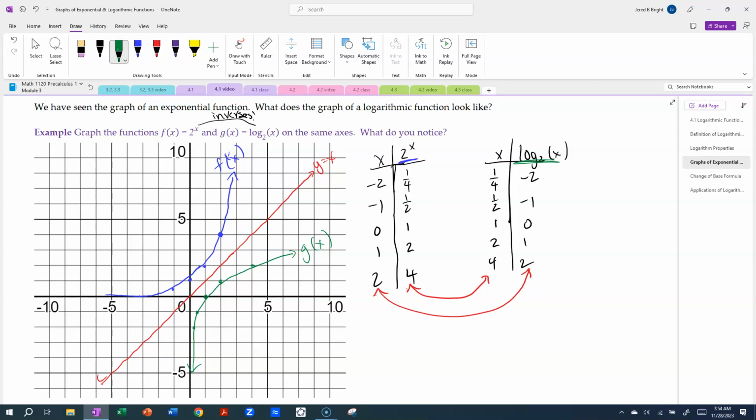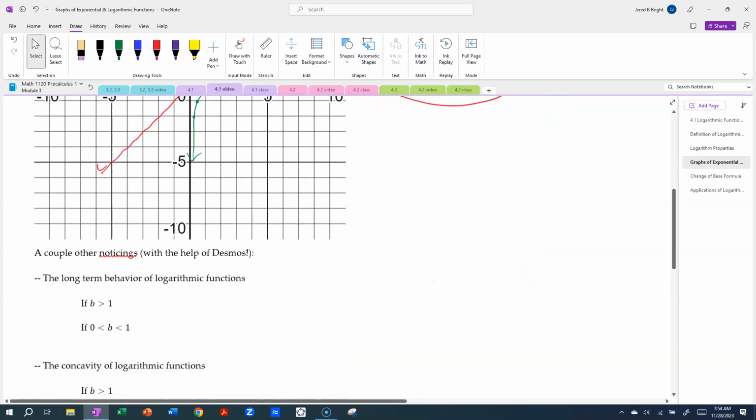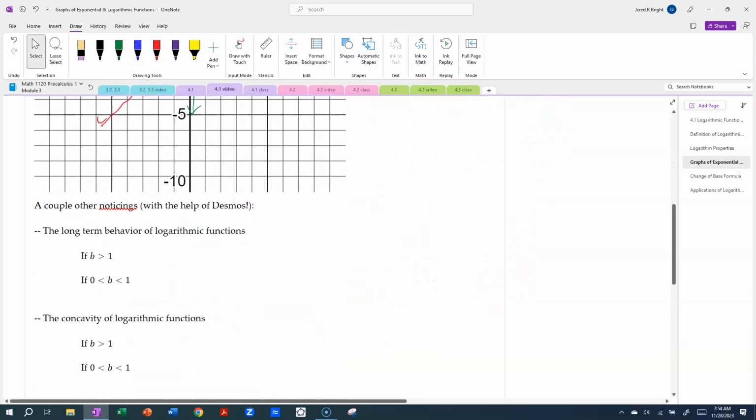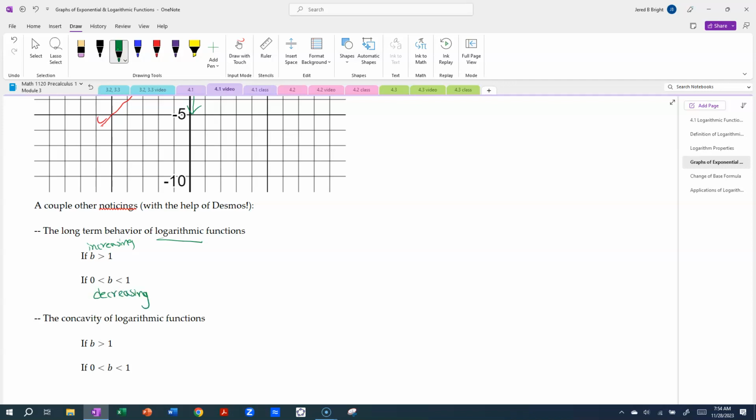Okay, there we go. Now, we're not going to do this due to time, but remember that if b was greater than 1 for your logarithmic function, we said this would be the case where it's increasing, and otherwise it's decreasing. If we're thinking about long-term behavior, we're thinking about what happens as x goes off to infinity.